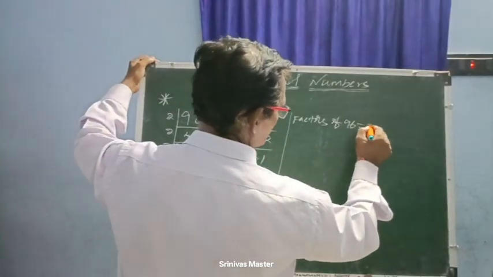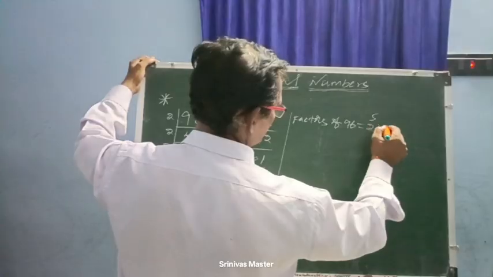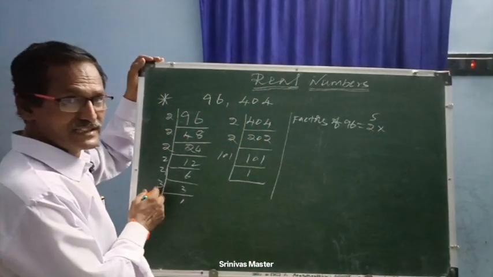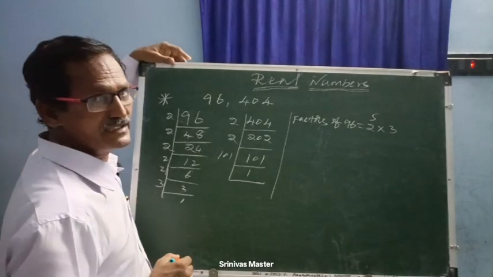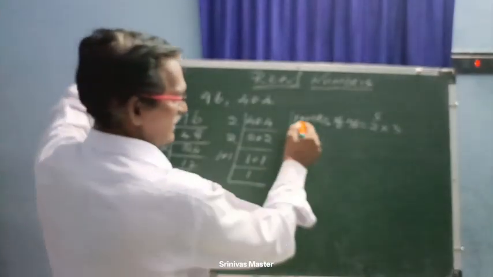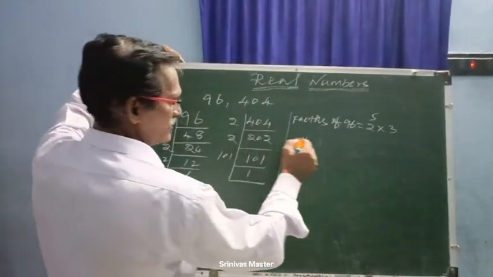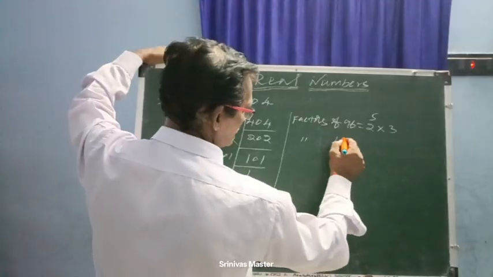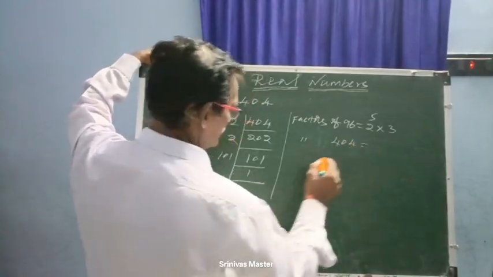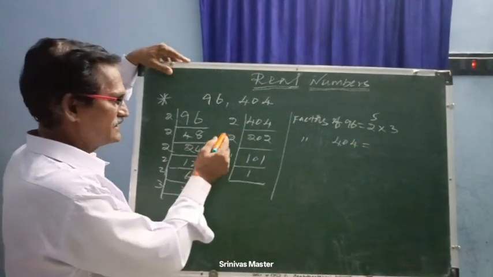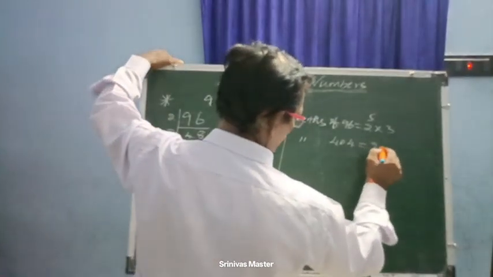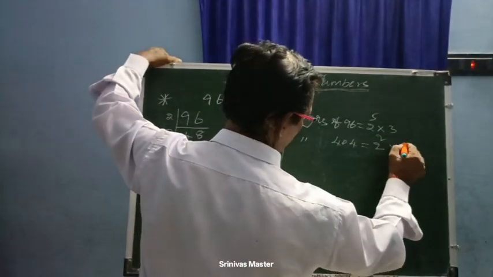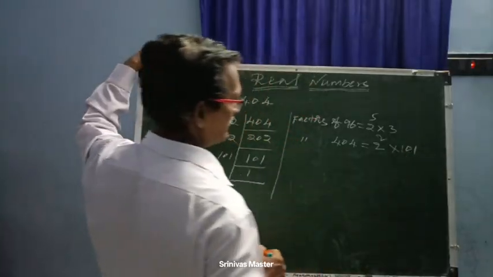That means 2 to the power of 5 into 3, what is left here. This is easiest for finding the LCM and HCF. And the factors of 404: 2 into 2 into 101. 2 into 2 means 2 square. So 2 square into 101.